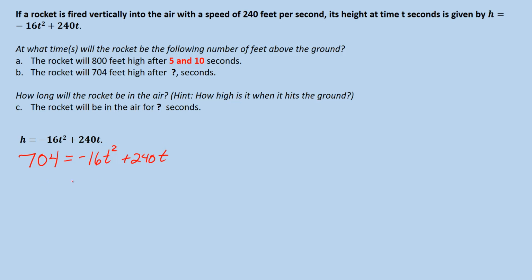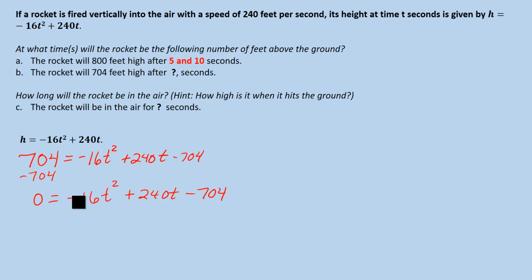We need to get it all over to one side so that one side equals 0. So I will simply subtract 704 from both sides. So I now have 0 is equal to negative 16t squared plus 240t minus 704.